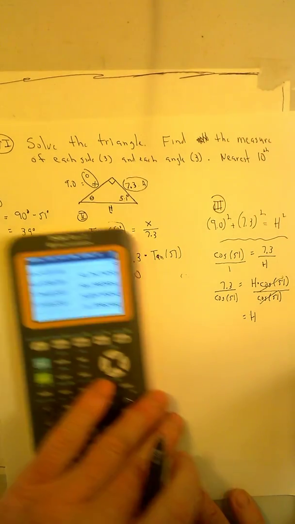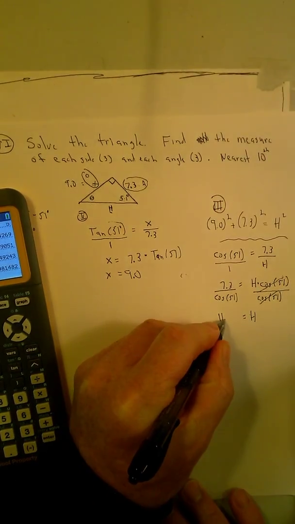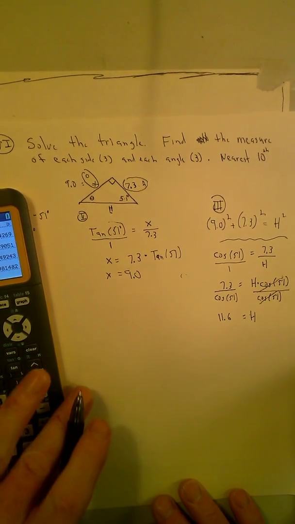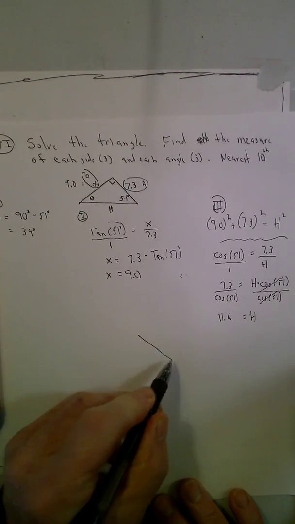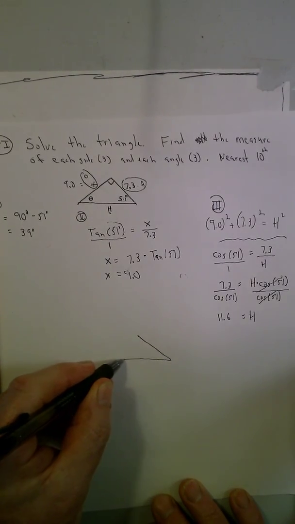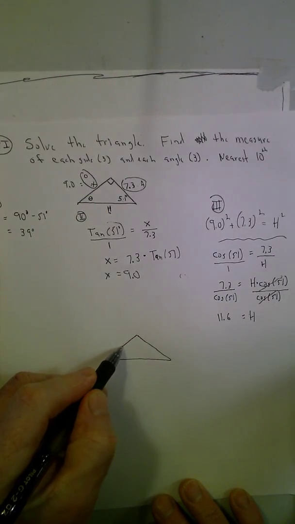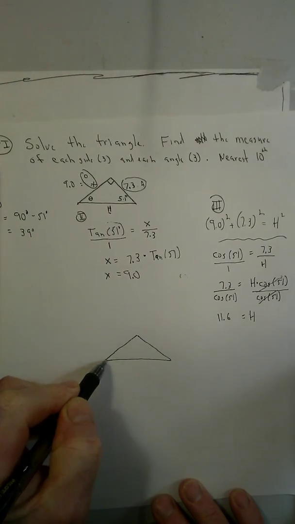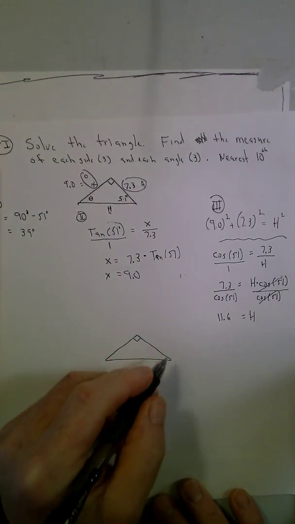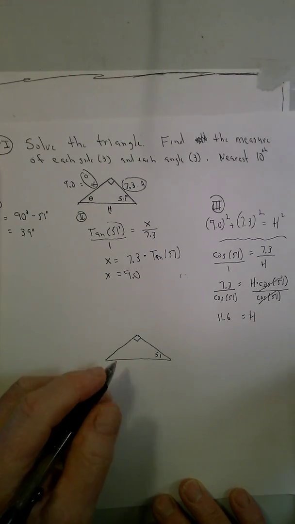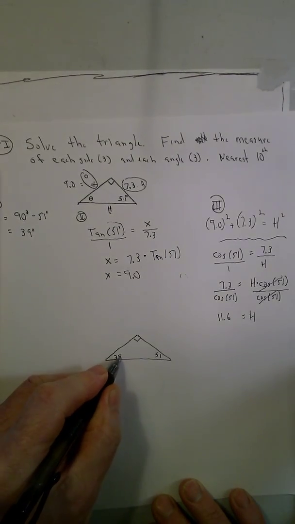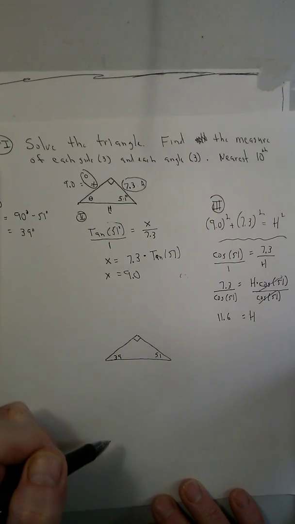11.6 is the other side. So here's my triangle, rounded to the nearest tenth. That's 90. That's 51. This guy's 39. Those add to 180.